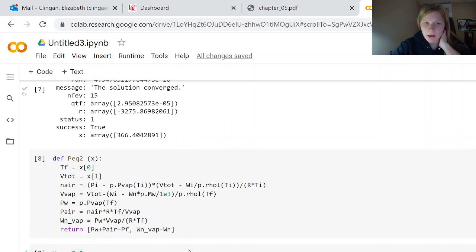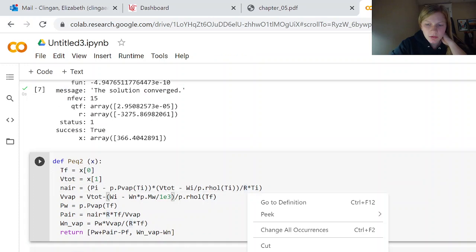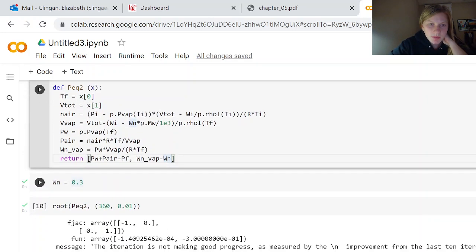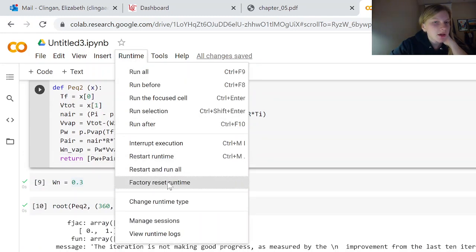I think I figured it out. I think I didn't have parentheses here before. So I'm hoping now once it has to be the quantity divided by the quantity of R times temperature, same with right here. So hopefully when I restart and run all, it will converge.